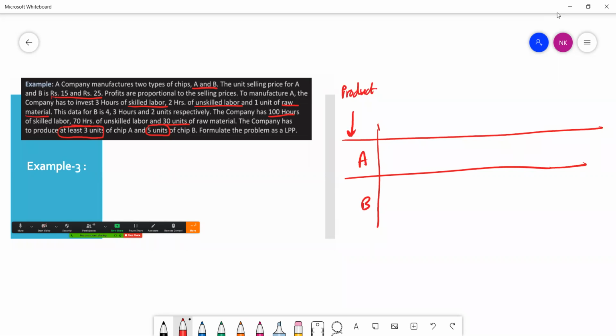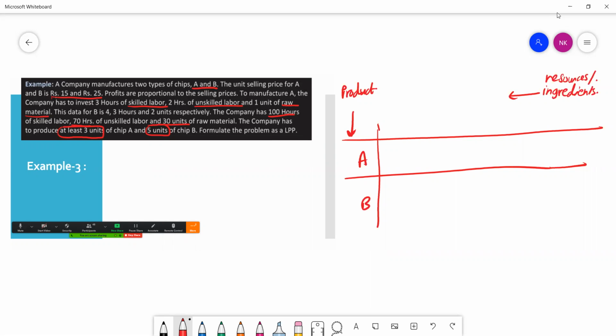Over the columns, we would be writing the ingredients or the resources. In this particular case, we have resources and not ingredients, because skilled labors are not something we eat up.